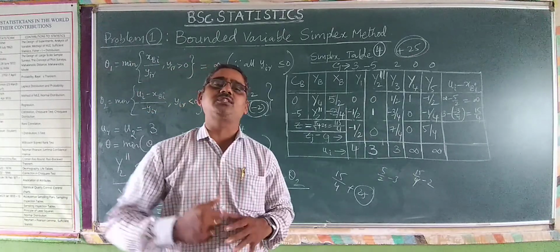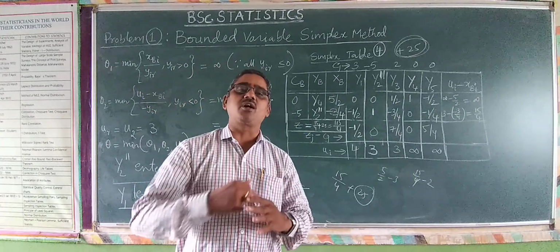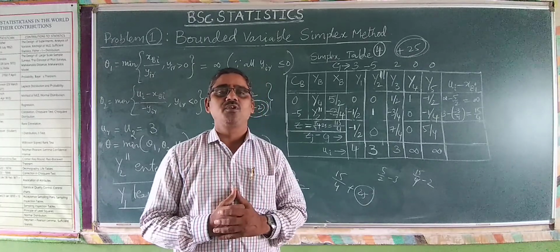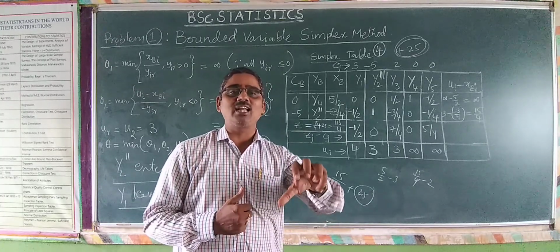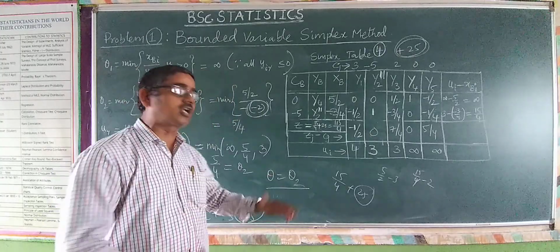The second part is what we have to do. Second and third part. There are two other parts which are required in the case theta is equal to theta 2.